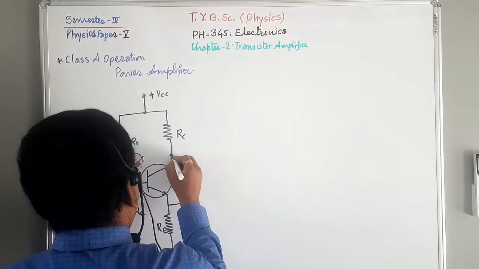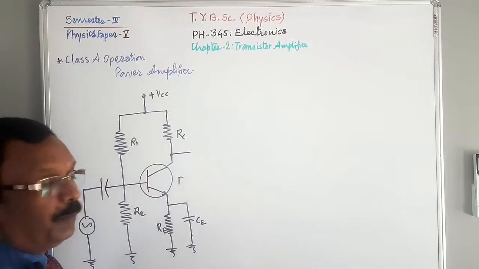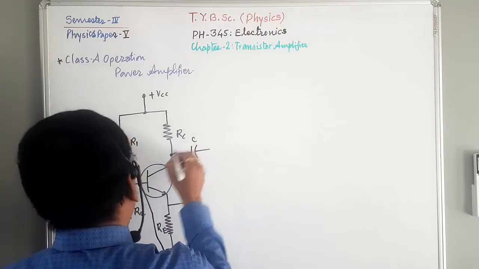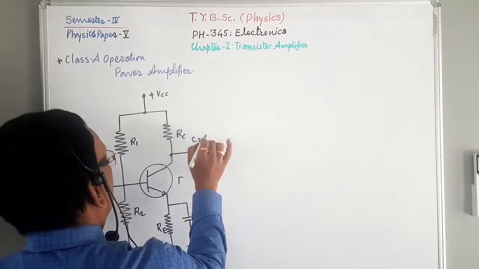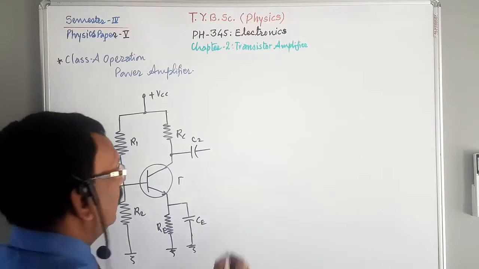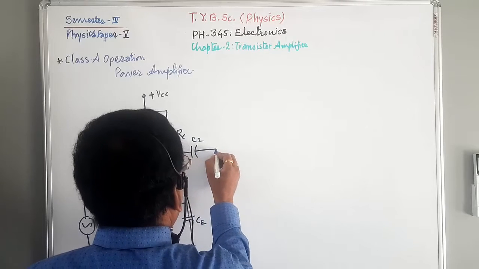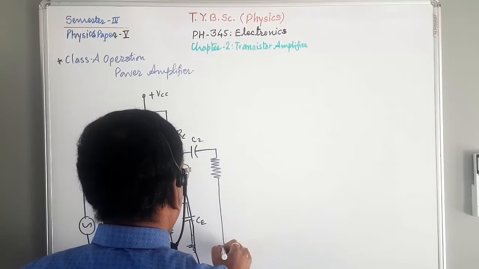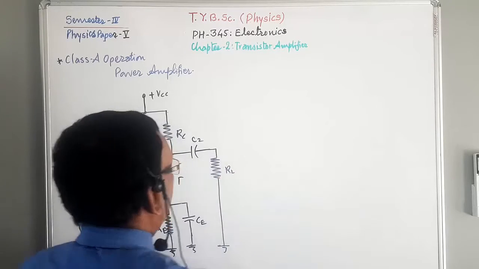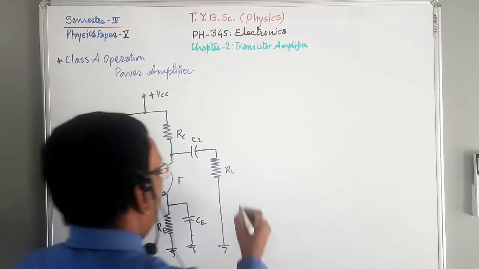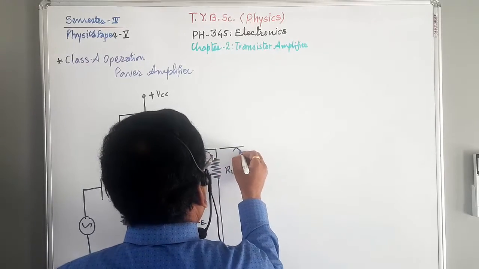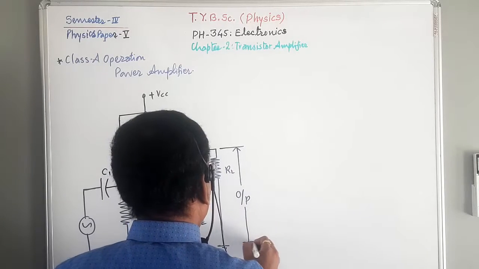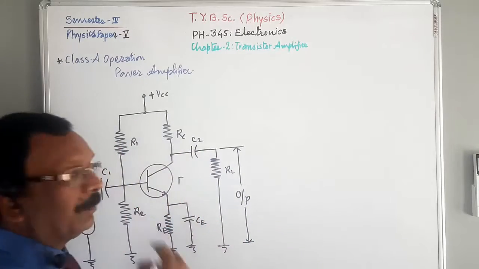And the output is here. The output is also taken through a capacitor. Suppose this is capacitor C1 and this is C2. Now again we can connect a load resistor RL, and across this we are going to measure the output.